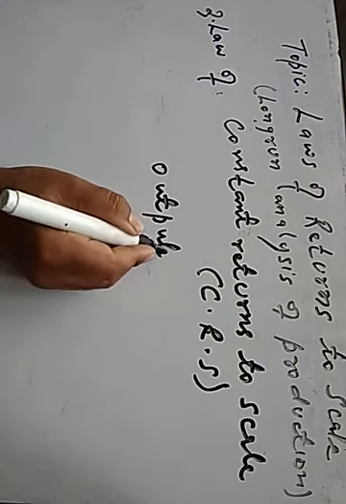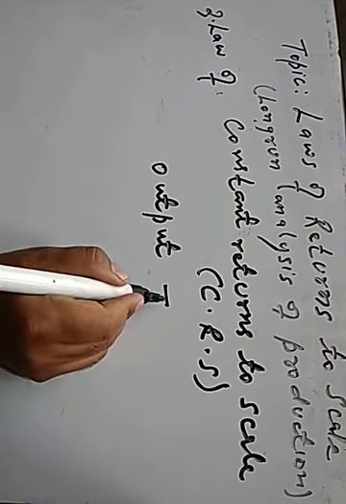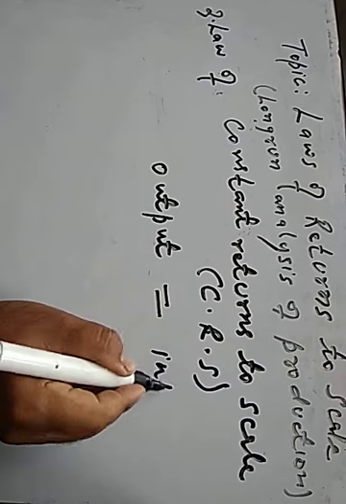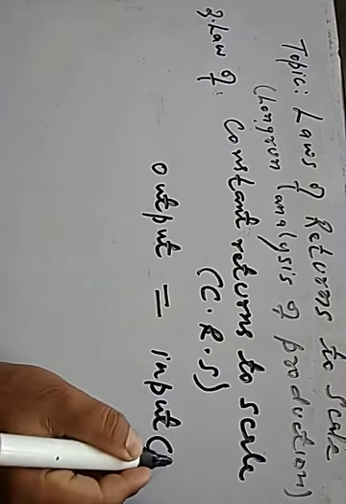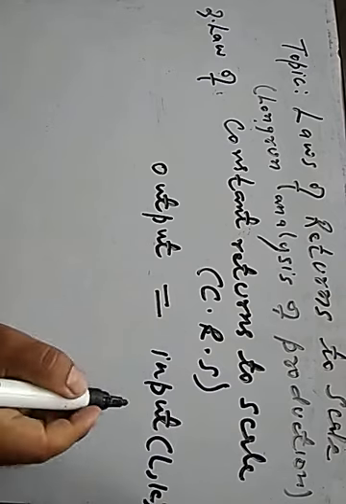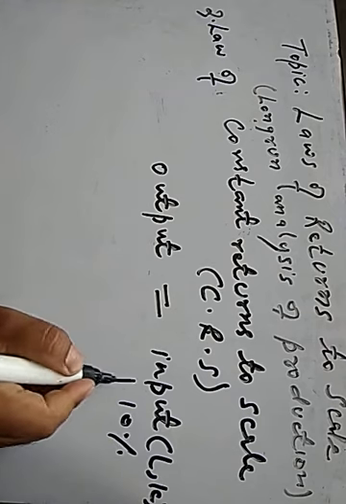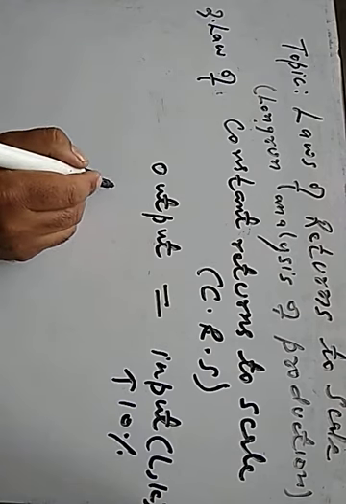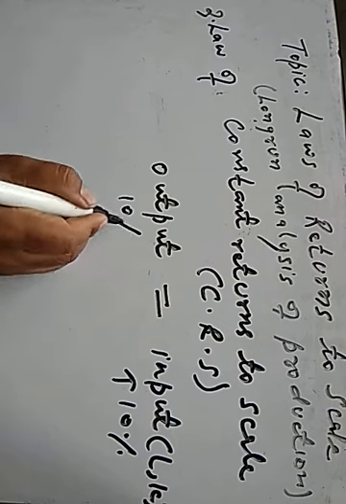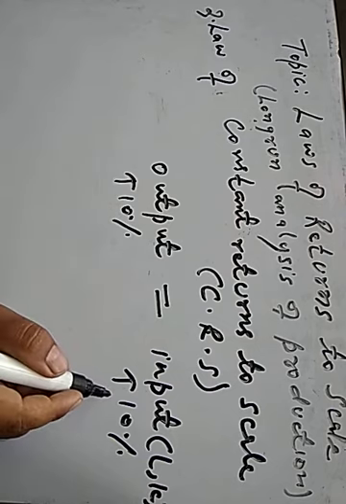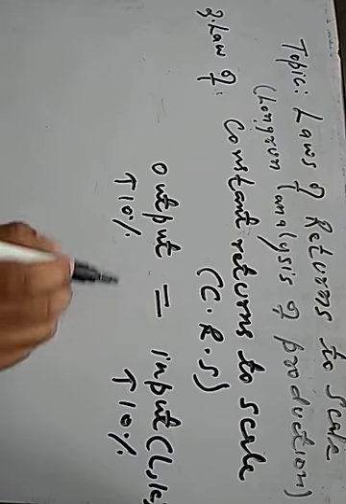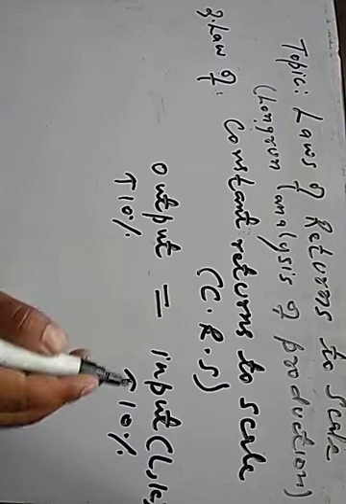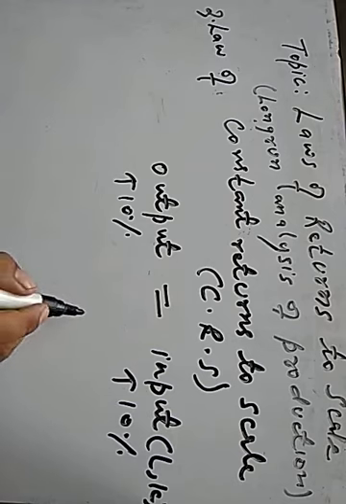Output, input, labor and capital. If it is increased by 10%, output will also increase by 10%, or if it is decreased by 10%, the output will also decrease by 10%.